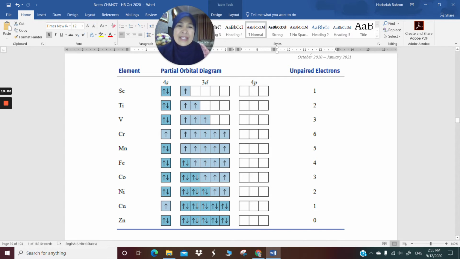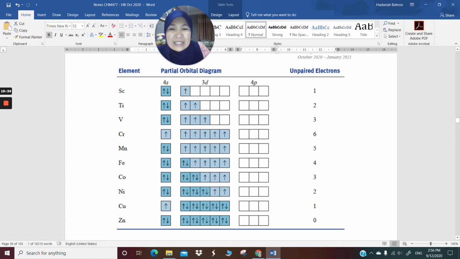So if you look at the number of unpaired electrons, here you have 1 unpaired electron, 2, 3, 4, 5 unpaired electrons. But when you come to iron, the d electrons start to pair up, because if you remember Hund's rule, all the orbitals have to be filled singly first. After all the orbitals are full with single occupation, then they start to pair up.